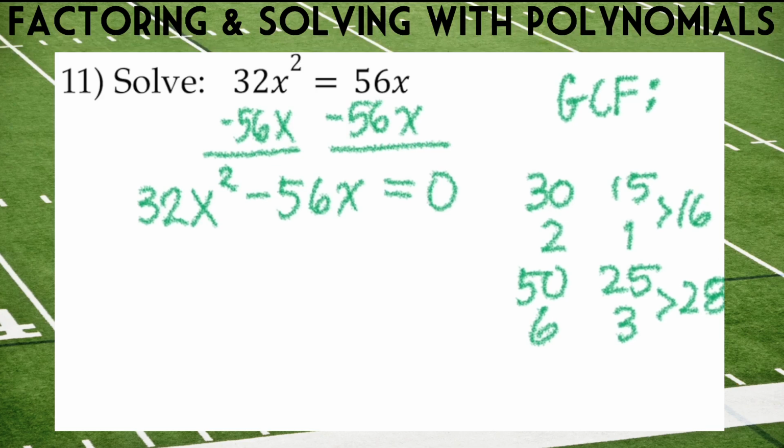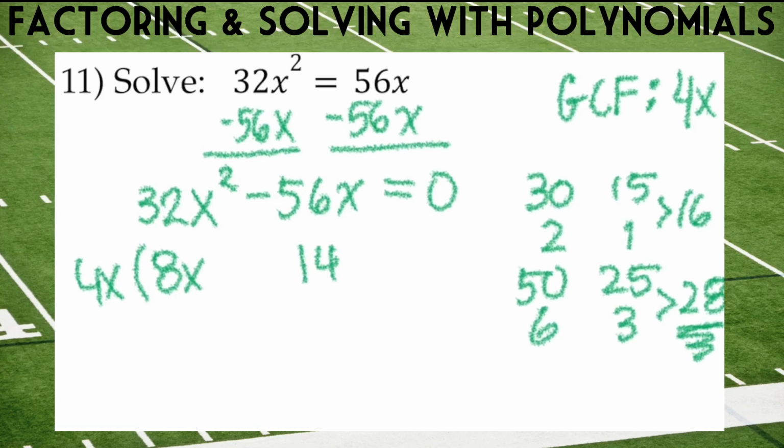So if I use the GCF of 4x, right, let's try that. That would be half of 16 is 8x, right? 4x would be out front. And divide the 28 by 2, and you would have 14. But those are still even. That means I could divide by 2 again. So what's another 2? 4 times 2? 8.